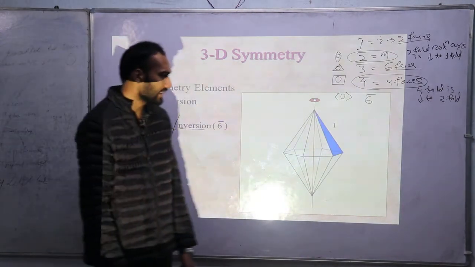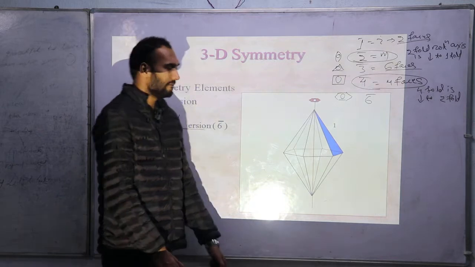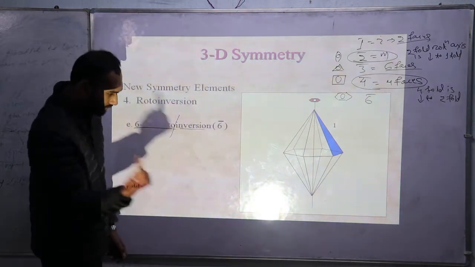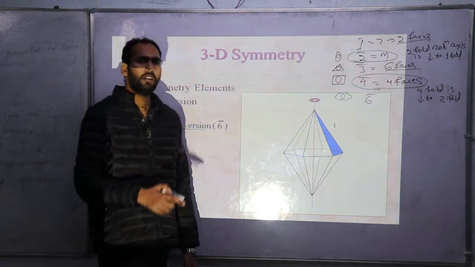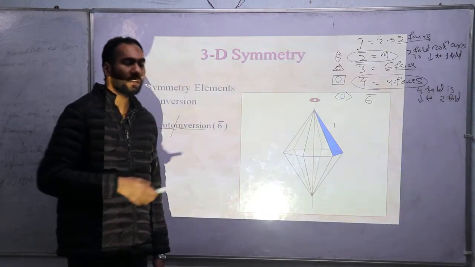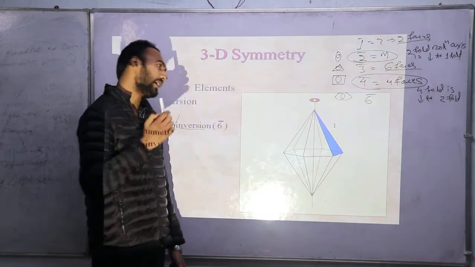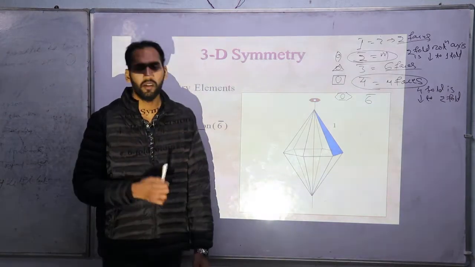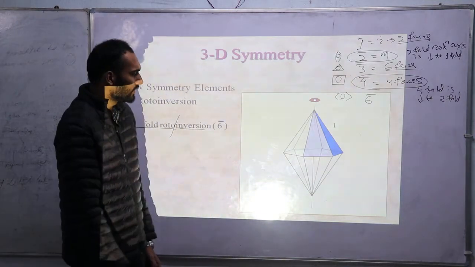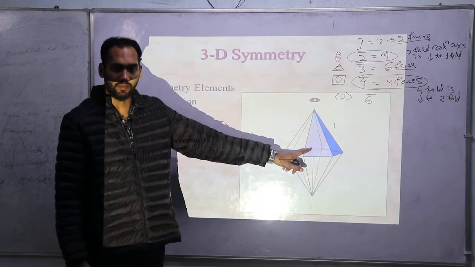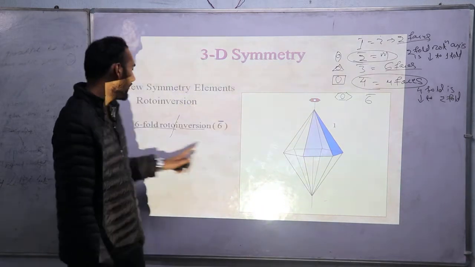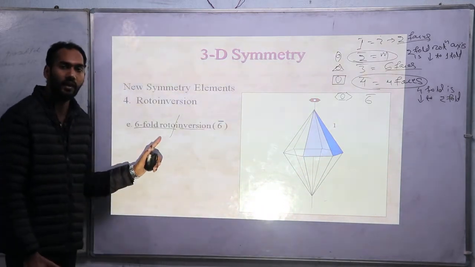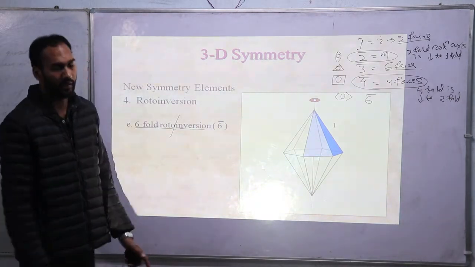So see, this is the first phase. 6-fold rotation means you will get the same phase or symmetric phase or same motif at 60-degree rotation. At every 60 degrees you are going to find the same phase. So you will find the same phase here, but we are not taking rotation only, we are taking inversion.